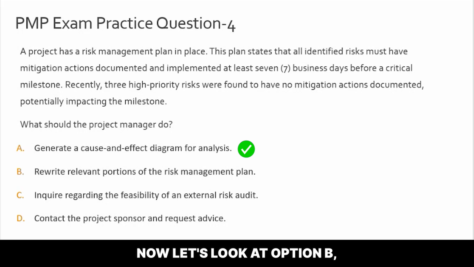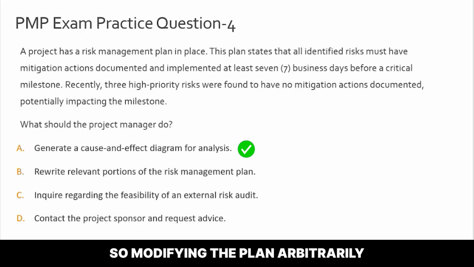Now let's look at option B, C, and D and analyze why those options are incorrect. Okay, option B, rewrite relevant portions of the risk management plan. Now, while revisiting and updating the risk management plan may be necessary in some cases, in this scenario, it is a bit premature to rewrite it without understanding the root cause of the issue, right?